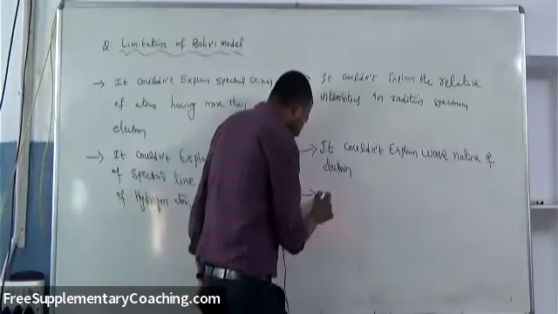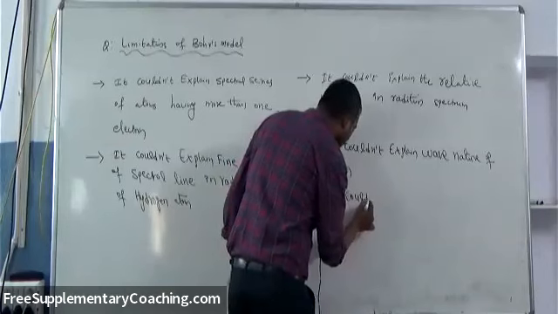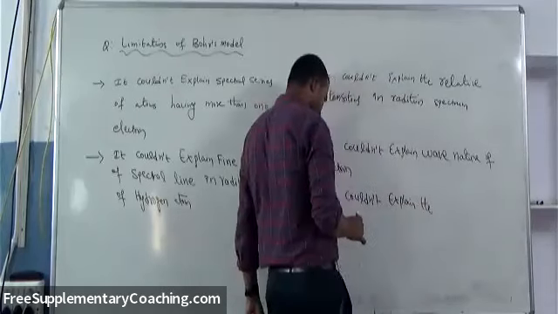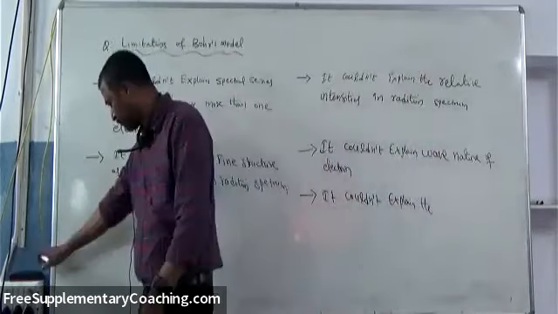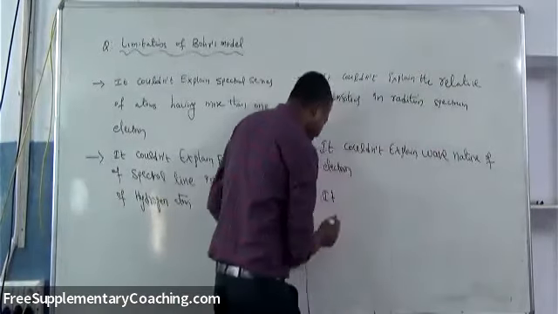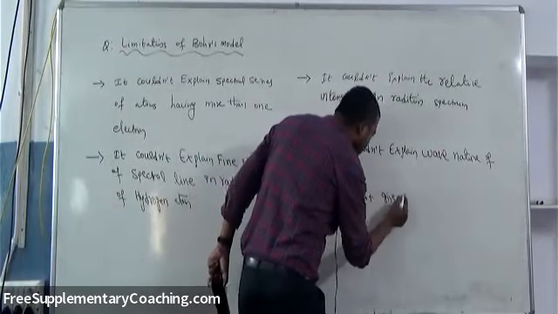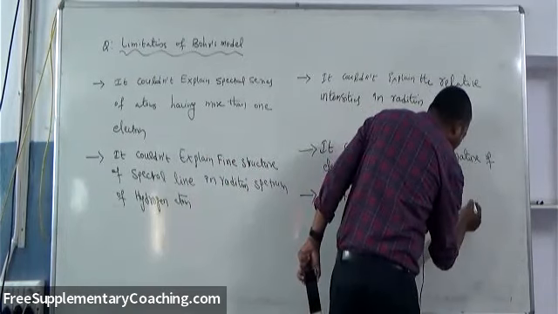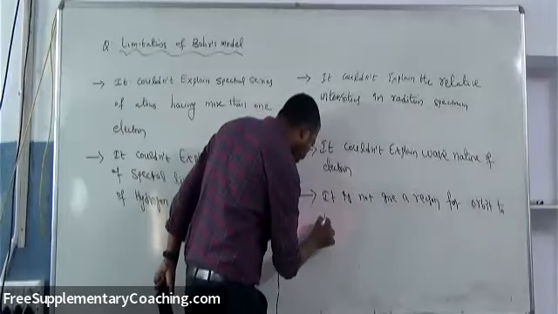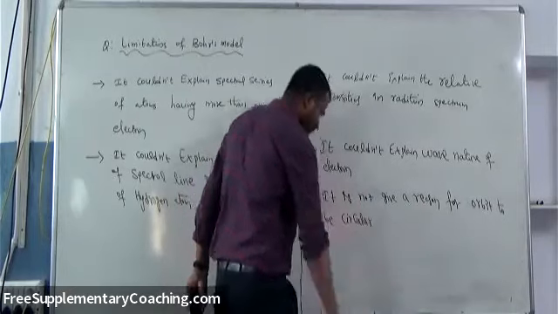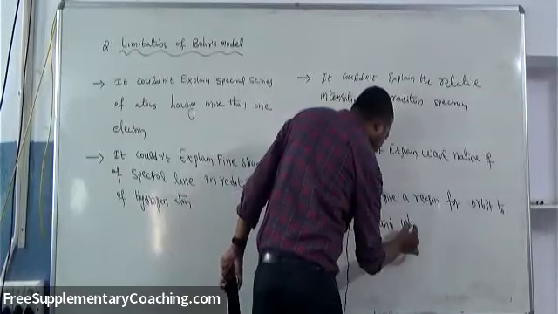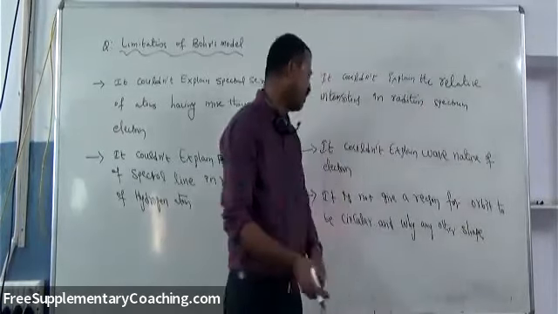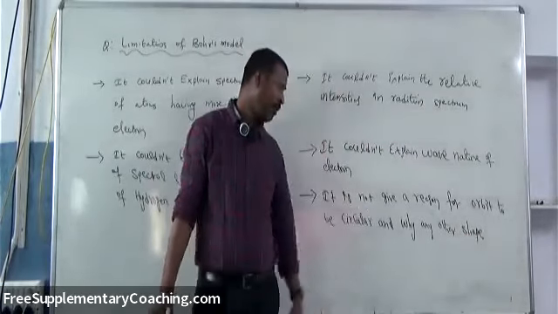So it could not explain, it has not given a reason for the orbit to be circular, and why not any other shape?